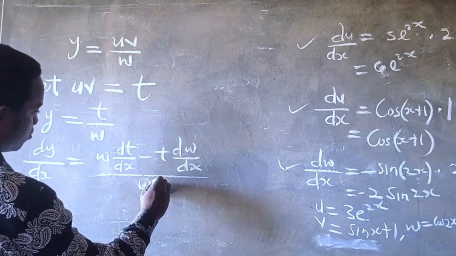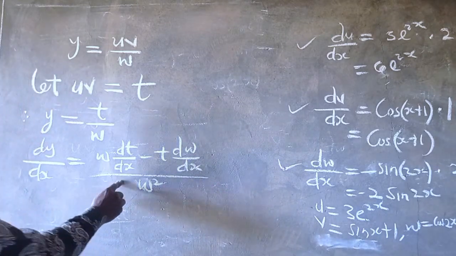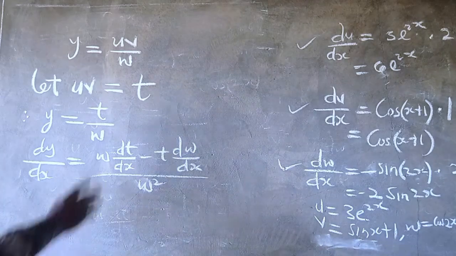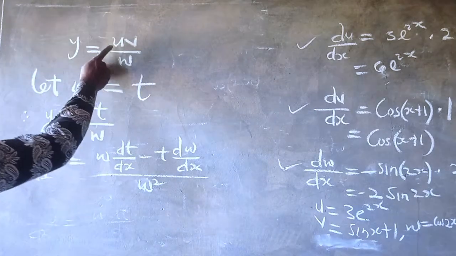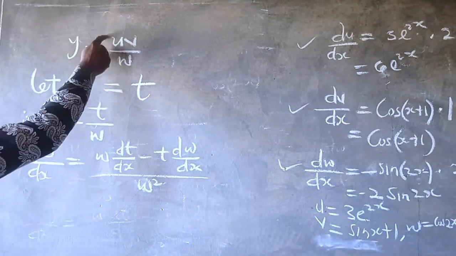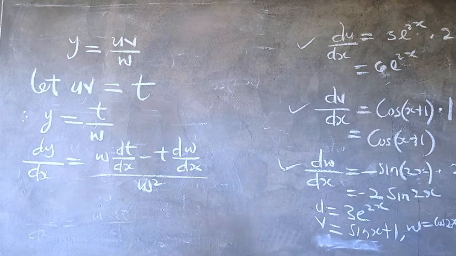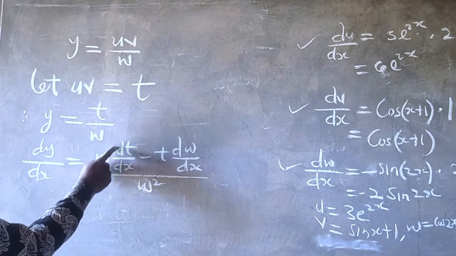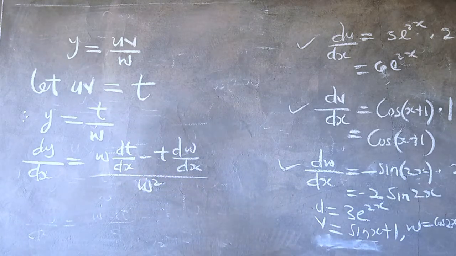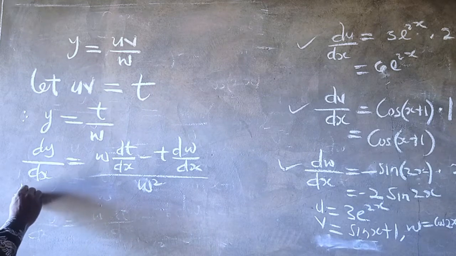You notice this is the form from the original formula. Now we have converted this into a simpler form by combining u and v as a single term. So we're going to solve that when we calculate the derivative of t, the dt/dx.